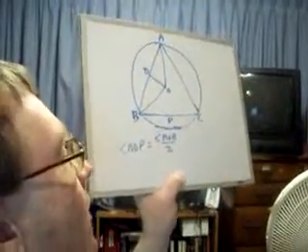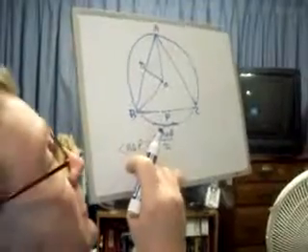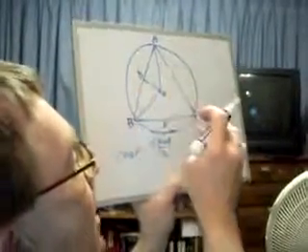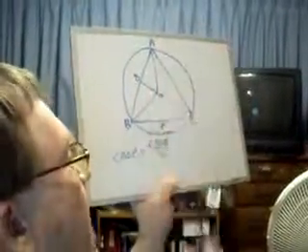Now, can we replace that AOP? Absolutely, it's ACB, because AOB is twice the size of ACB.